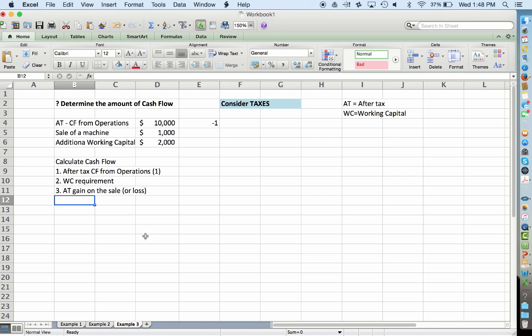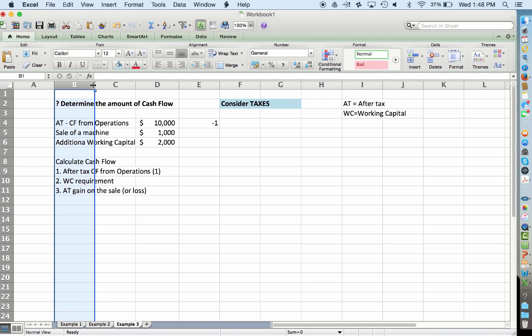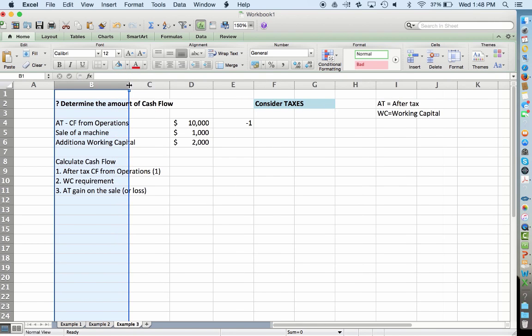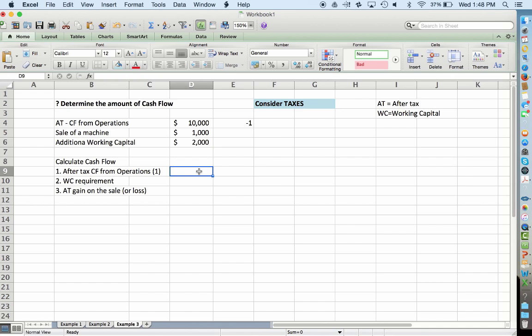So we take those numbers, a couple of them we already have, one of them we need to work with. So the after-tax cash flow from operations is 10 grand. We have that right there. My working capital requirement is given: $2,000.